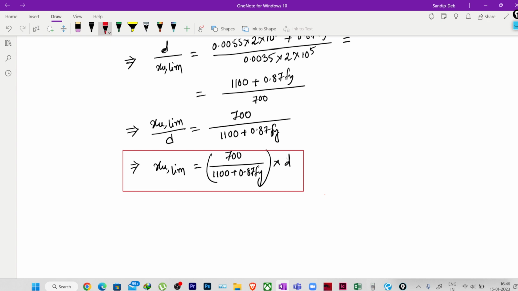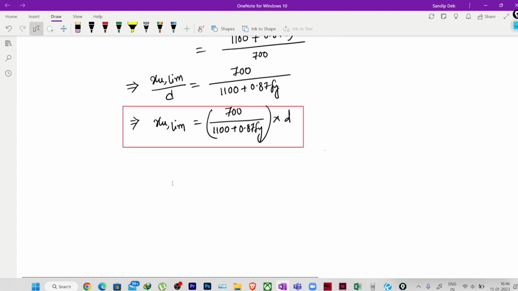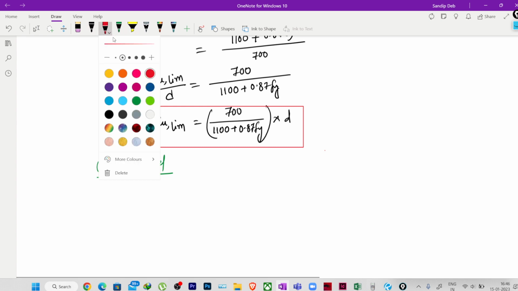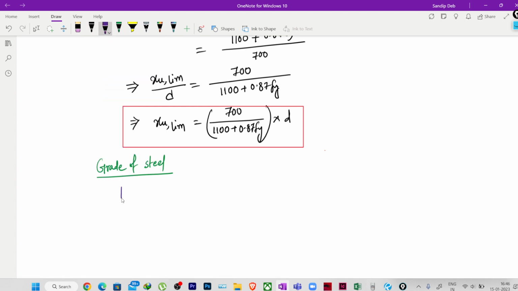So now in general, suppose we have grade of steel, Fe250, Fe415 and so on.